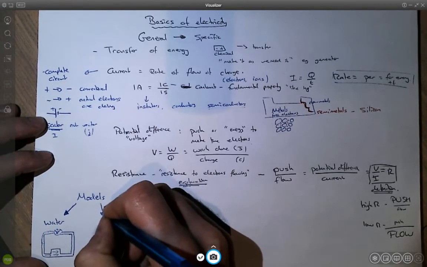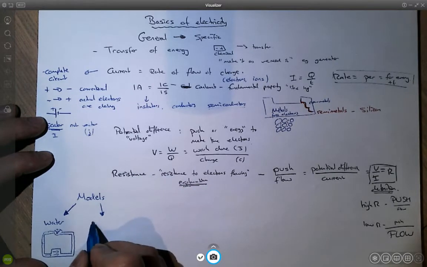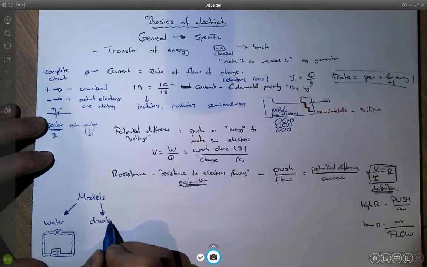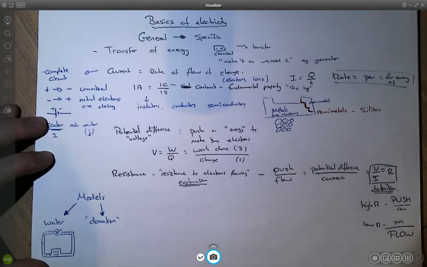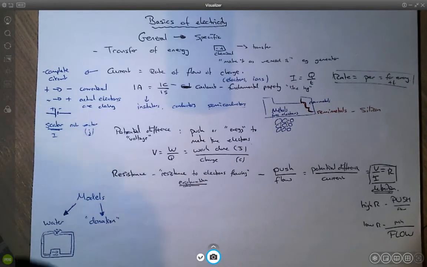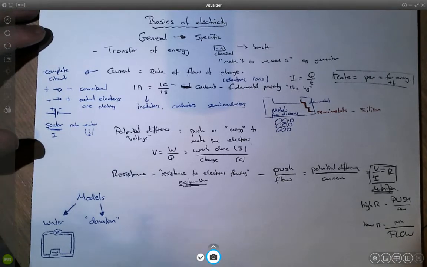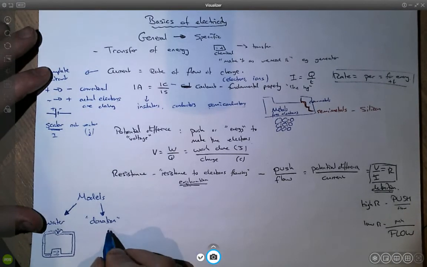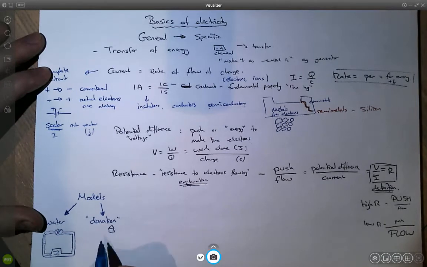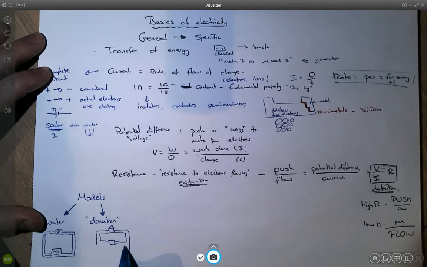The other class of models is what we refer to as donation models. So there's multiple examples of these, and you can get students to create their own. The one I quite like is you've got a house, and in this house you've got a mother or a father, and the parent is giving money to children.